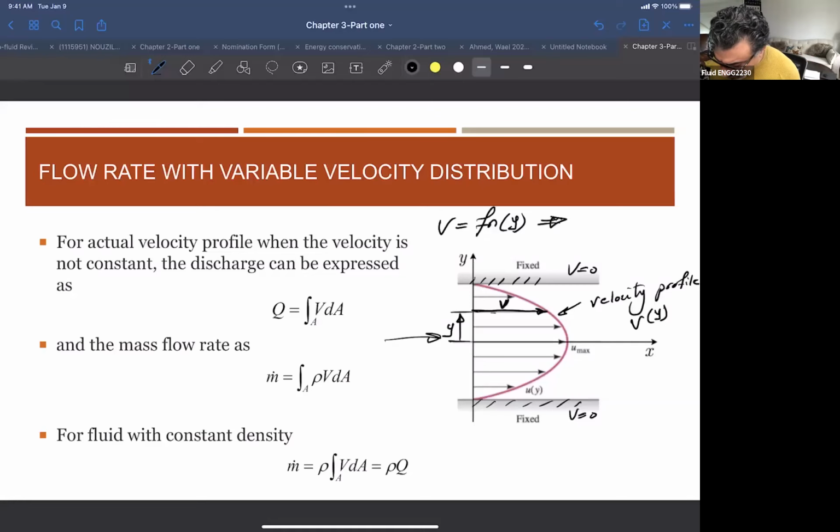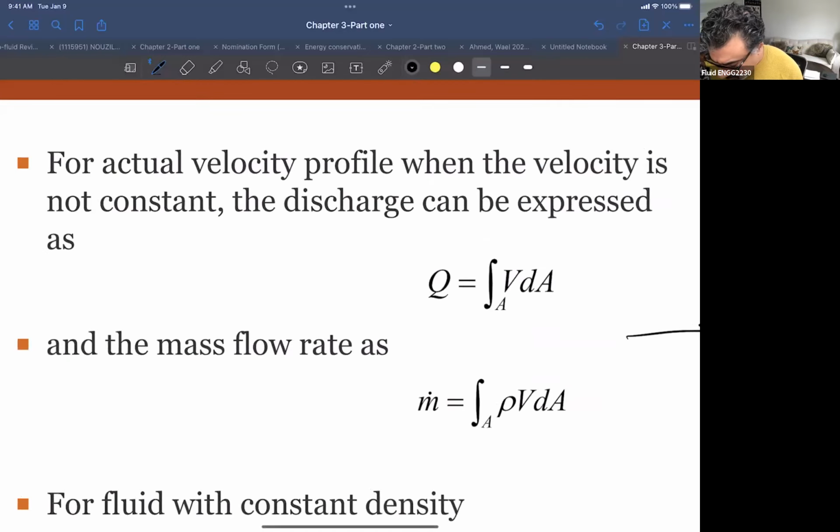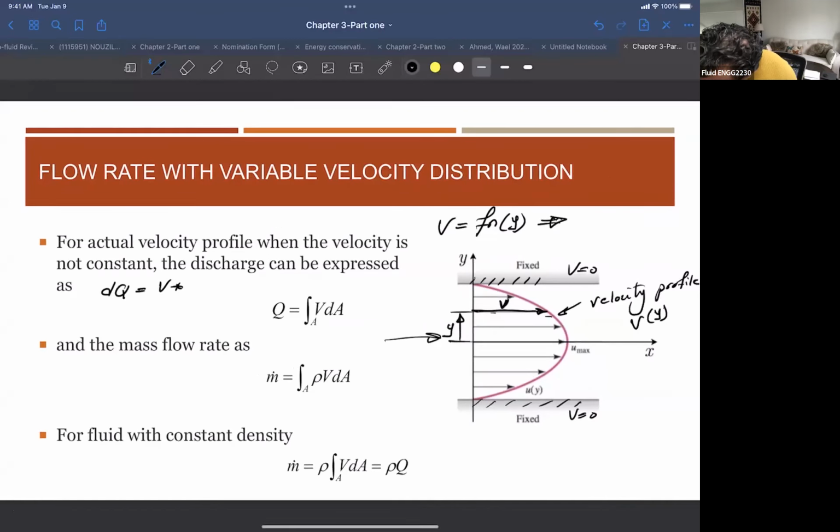So I know, for example, here, let's say dq is the velocity times, you see here, if I look at this, this will basically be dA, right? So if I imagine I have an element, when I look from this side here, so this is basically what? This is something like this, right?